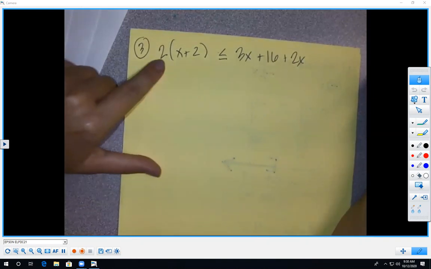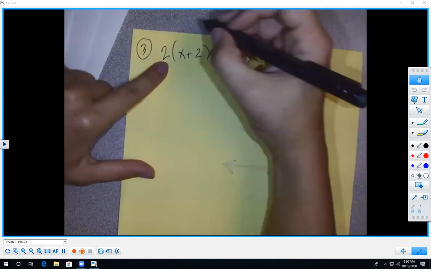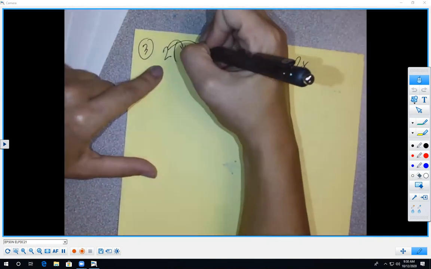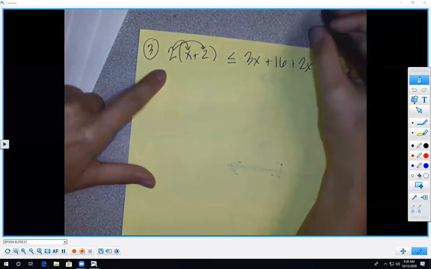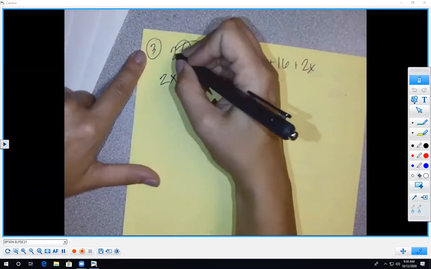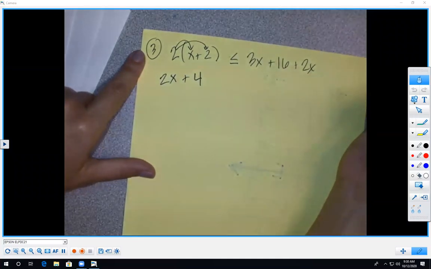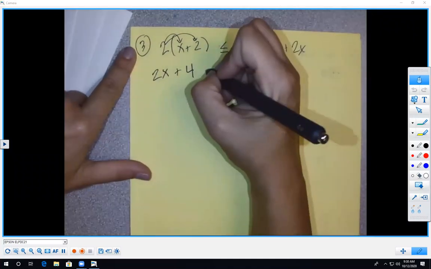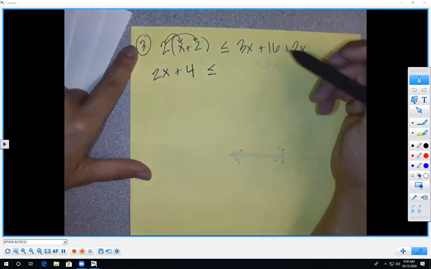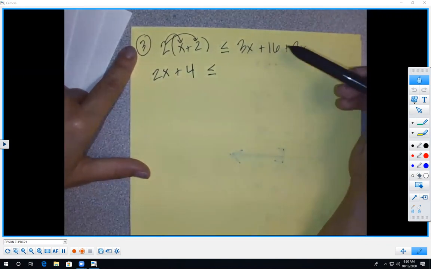First thing you need to do is to distribute. So distribute your 2 into your parenthesis. What's 2 times x? 2x. 2 times 2 is 4. So 2x plus 4 is less than or equal to, on the right-hand side, 3x plus 16 plus 2x.